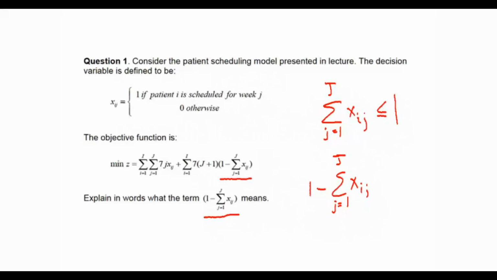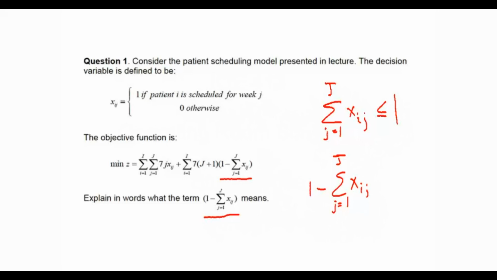To sum up, this question wants you to explain in words what the term 1 minus the summation of x sub ij from j equals 1 to capital J means. This term allows you to represent whether patient i is scheduled for surgery in the j-week planning horizon.